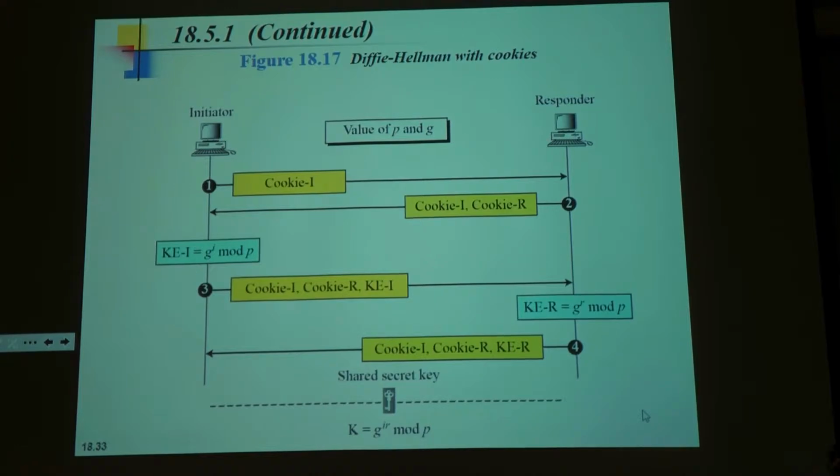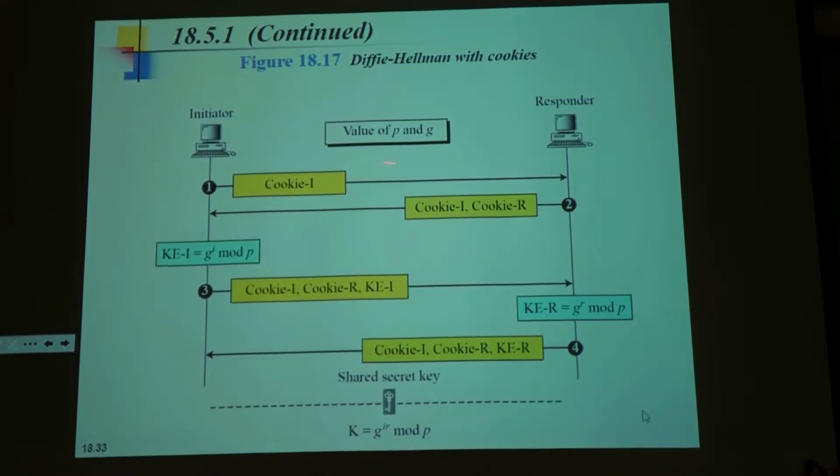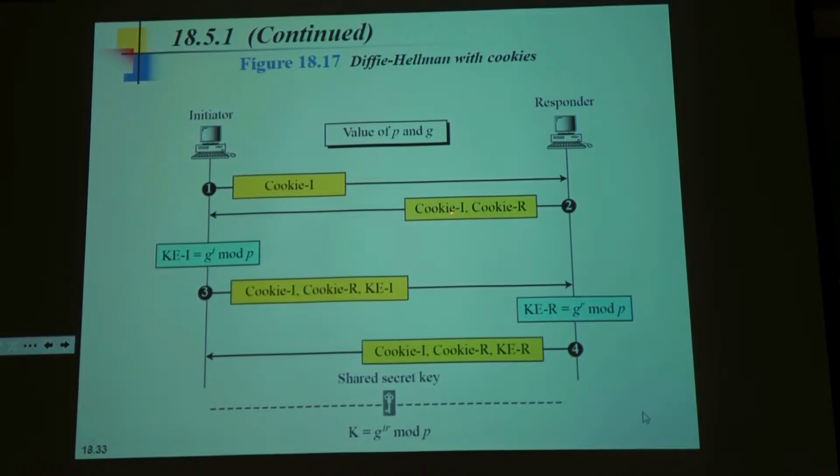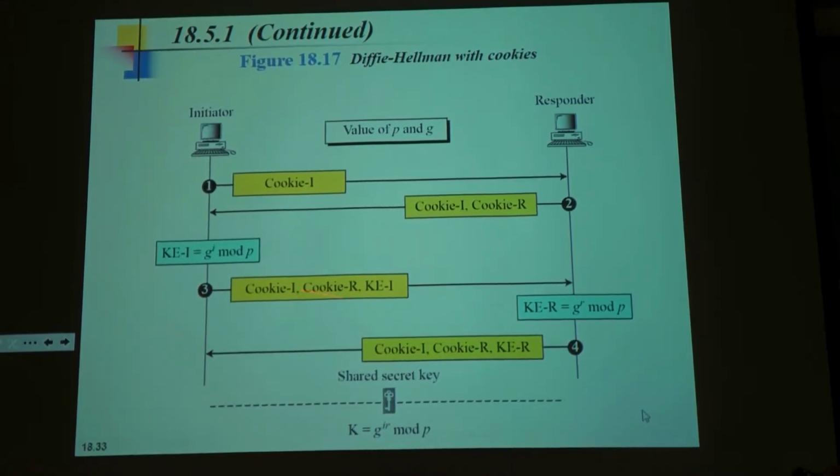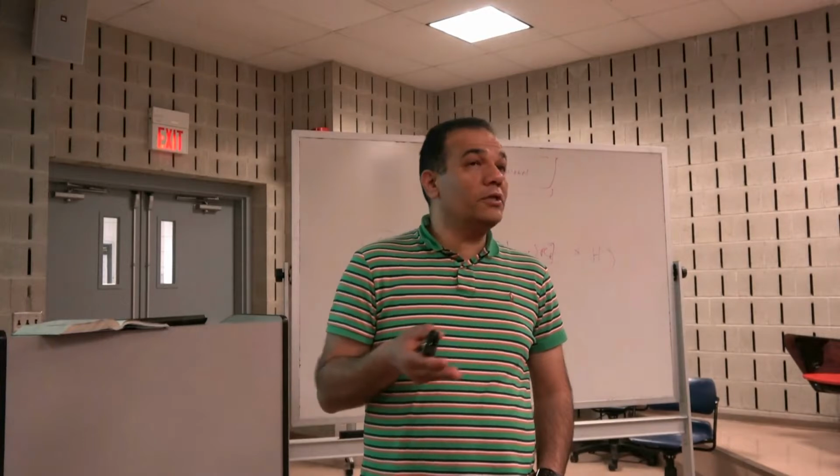We send a cookie first. A cookie like the name, the IP address, whatever, you send it, and the responder will respond with the cookie for the initiator and the cookie for the responder, and then everything after that is the same. So you create the key, and every time you send the key with the cookies. So this is to prevent what? Denial of service, sending a lot of requests.